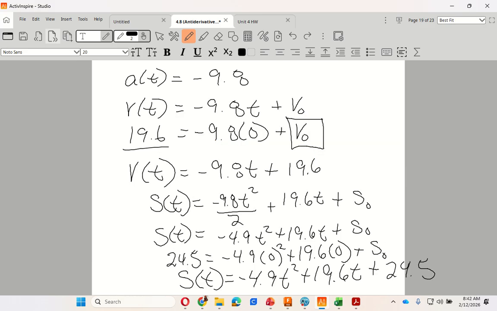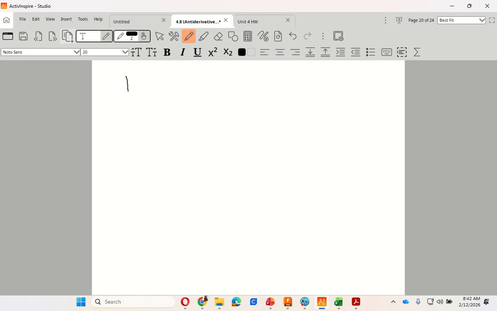Okay, so let's see. I have my velocity right here, so I could use this one here, right? Set it equal to 0.